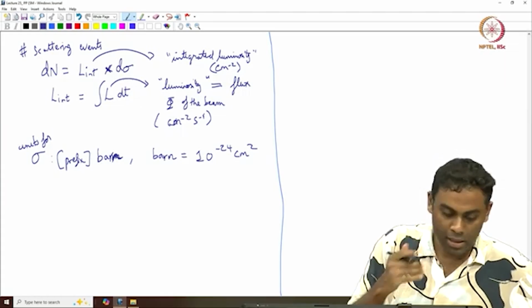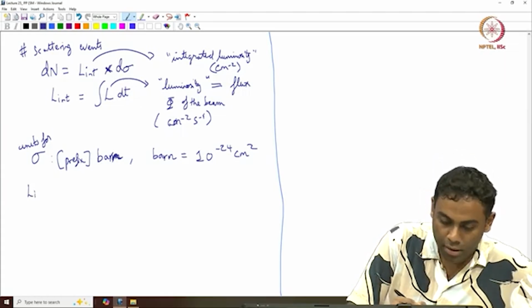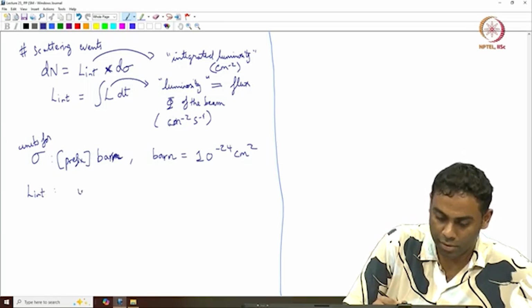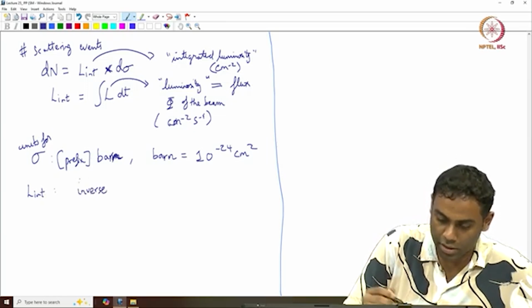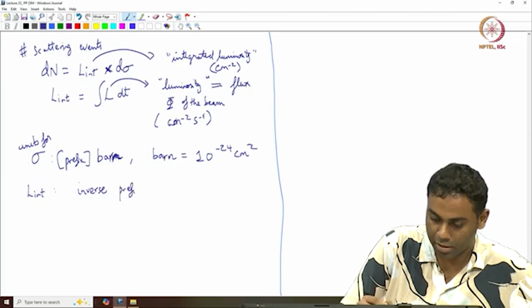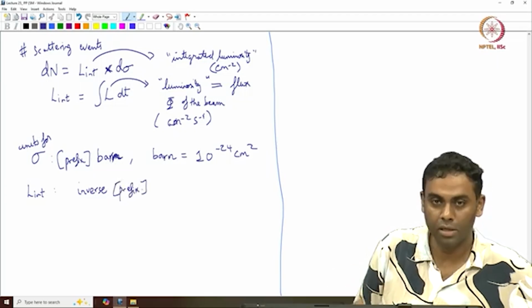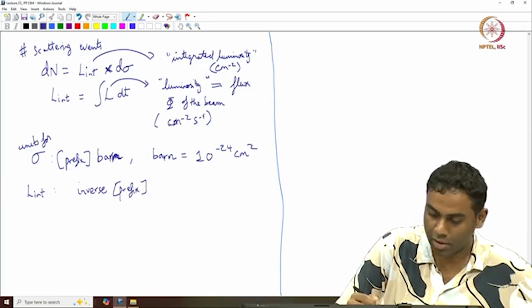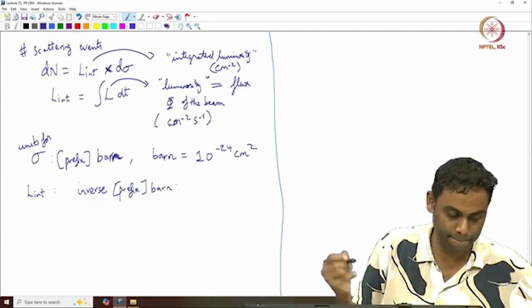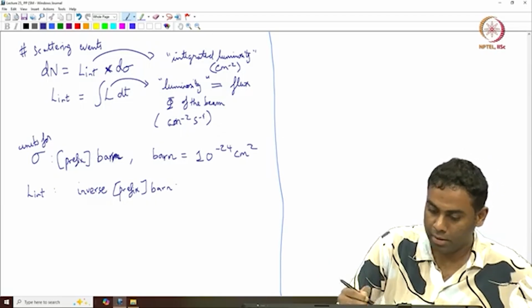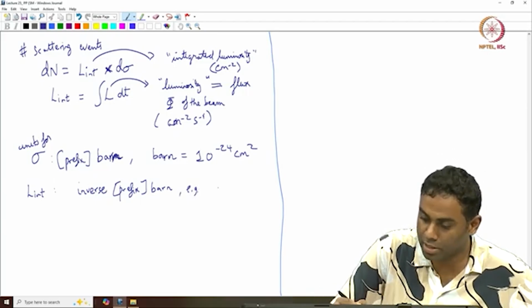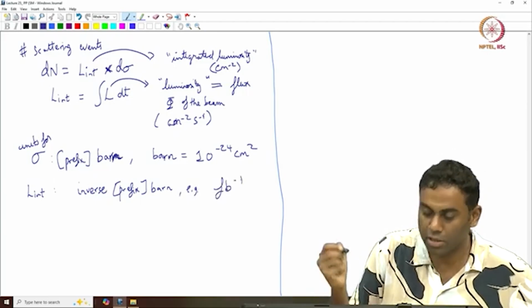Okay, that would mean the integrated luminosity has units of inverse some prefix barn. So what is this prefix? It could be femto, milli and so on, right? So for example, the integrated luminosity could be expressed in terms of some inverse femtobarn.